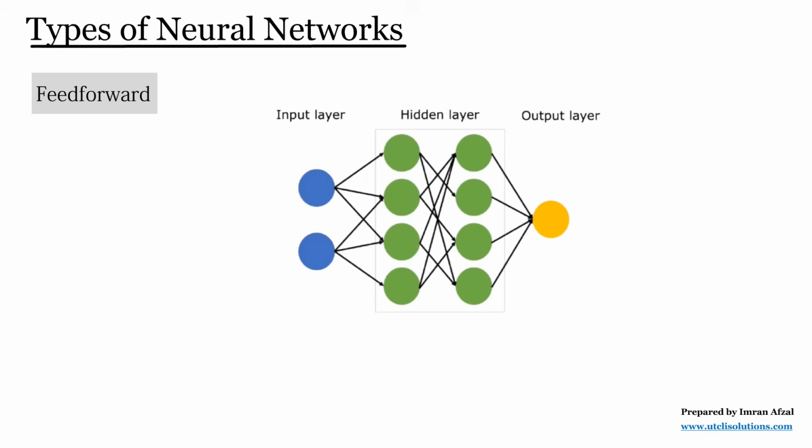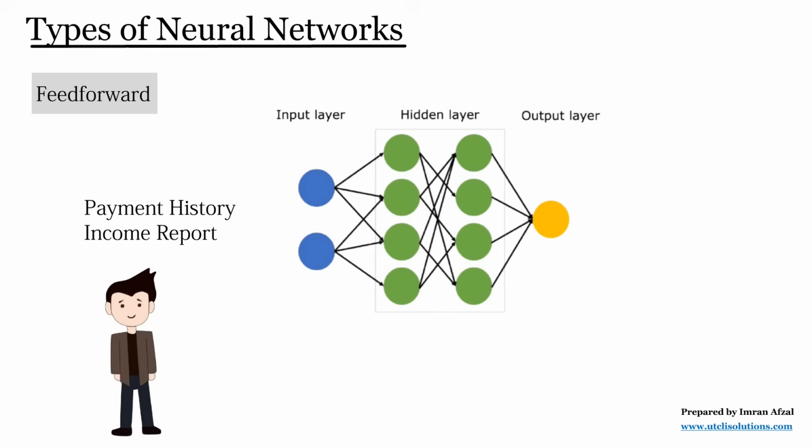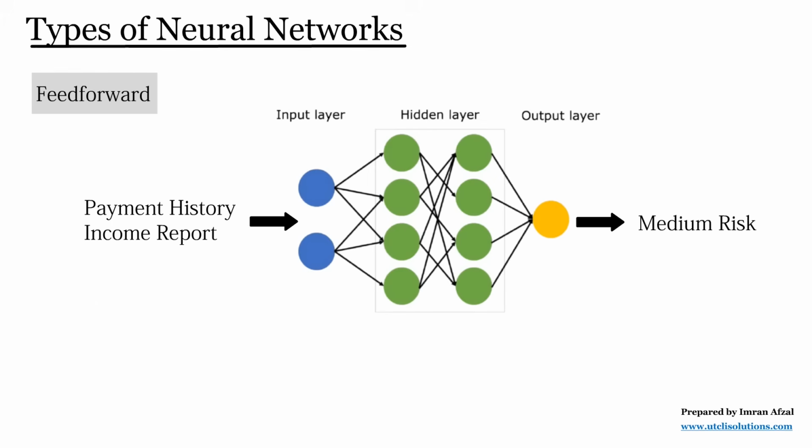For example, the network takes in a customer's financial behavior, such as payment history and income reports, and outputs whether that person is high risk, medium risk, or low risk. Since the task is just about classifying data based on patterns, and it doesn't require memory of past events, feed forward networks are a perfect fit.